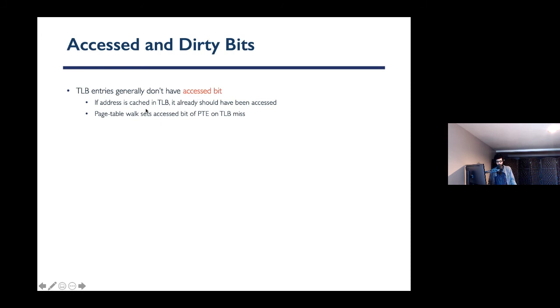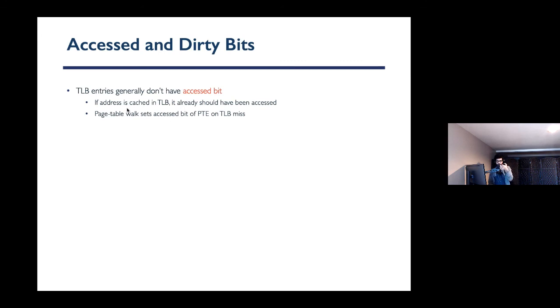And as I explained, usually when you miss in TLB and the hardware has to go and fetch the translation from page table entry, that's when the hardware sets this bit in the page table entry, but not in the TLB. So what happens is the first access, you set it in the page table entry. The further accesses in the future, they're going to just go to TLB, find the translation, and use it.